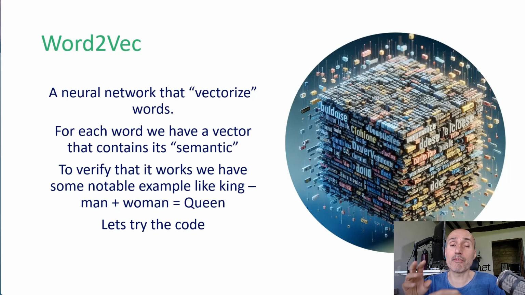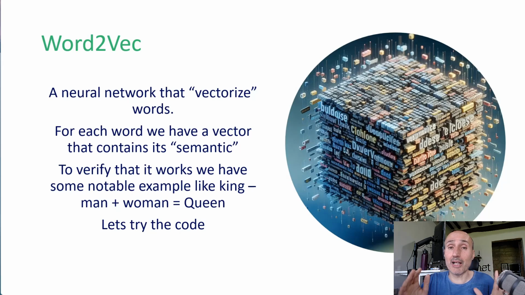One of the most famous experiments, I'm sure you've heard about it, is taking the vector of king, subtracting the vector of man, and adding the vector of woman. So basically we are saying: from the concept of king, remove the man part, add the woman part, and then find which is the nearest vector in the vector space of Word2Vec to the result.